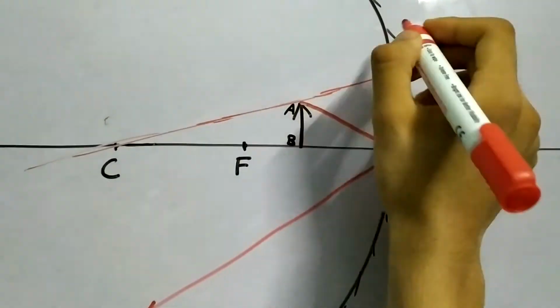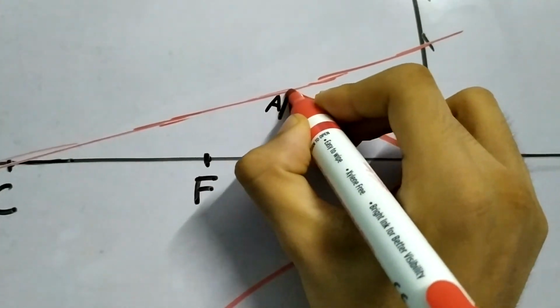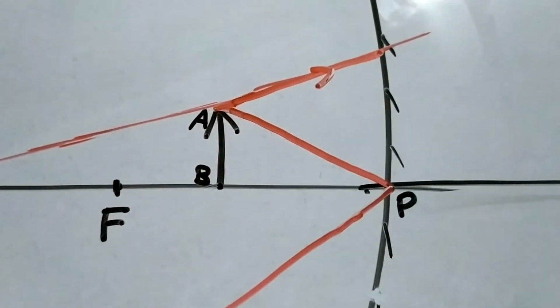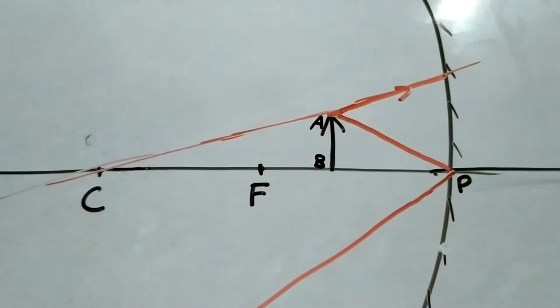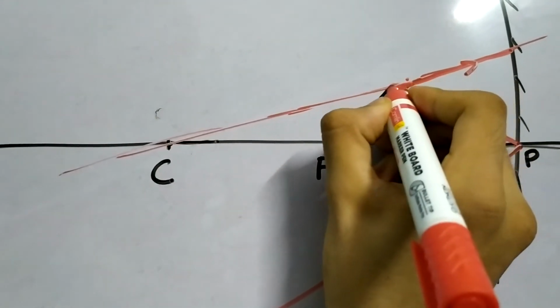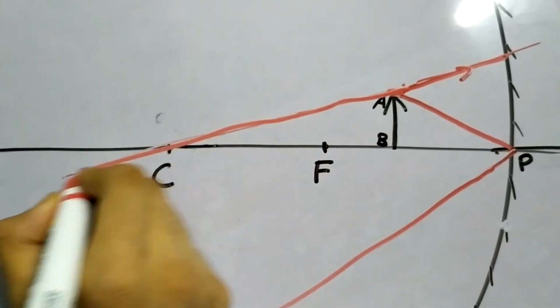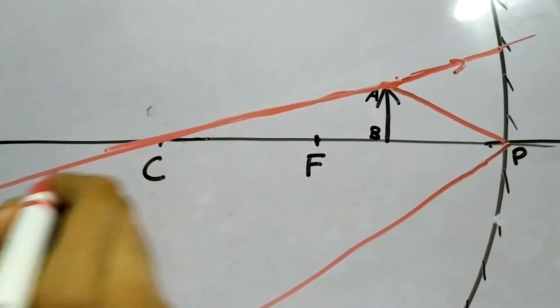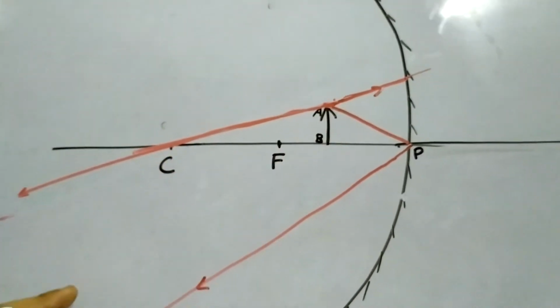Now again, if A emits light in this direction, it will pass through the center of curvature, so the ray will reflect and pass through the center of curvature. So this is something straighter.